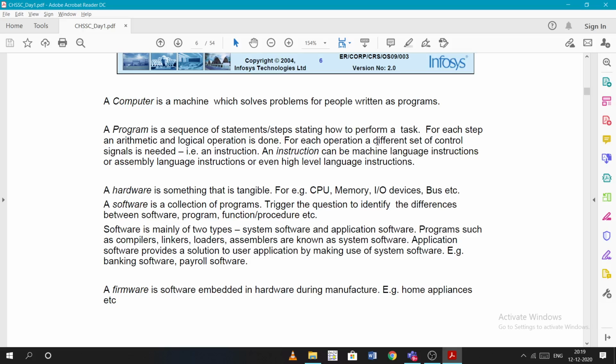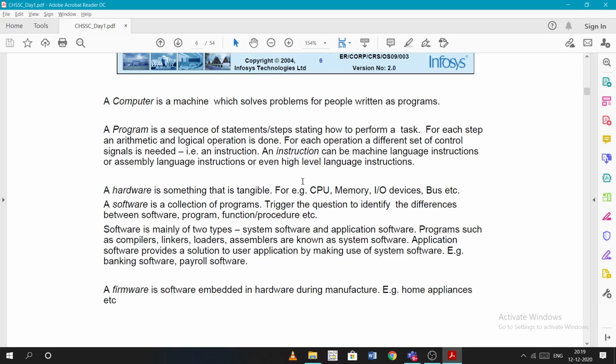For each operation, a different set of control signals is needed. That is an instruction. An instruction can be a machine language instruction or assembly language instruction or even a high level language instruction. So basically a program can be written in three languages, either in machine language, assembly language or a high level language. Depending on that instruction, there will be a set of control signals which take care of what to do when we get some instruction.